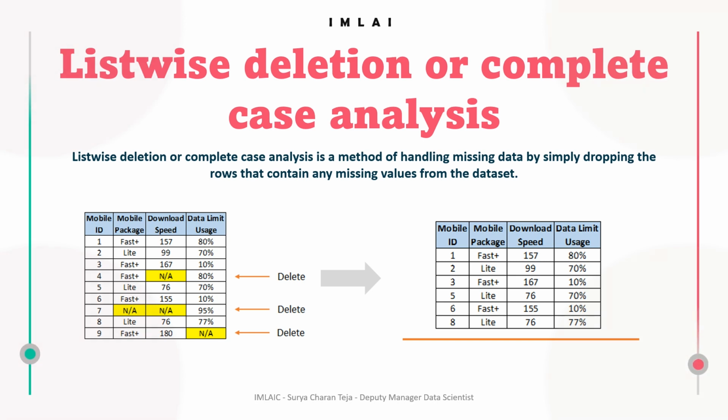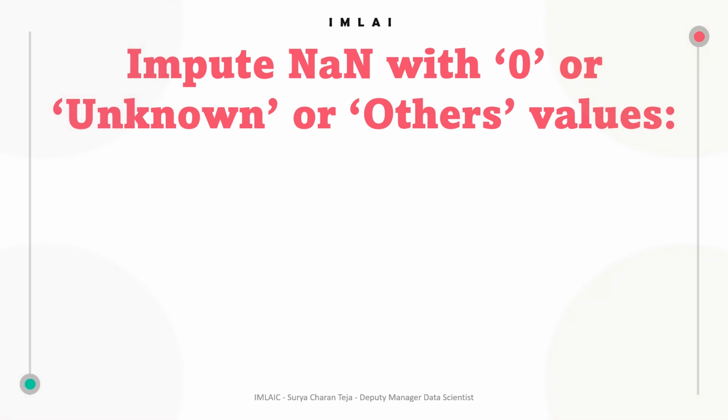So the next method that we have to handle the missing values is impute nan with 0 or unknown or other values. Instead of nan, we can use strings such as unknown or others, or you can simply use 0 if it is a numeric value.